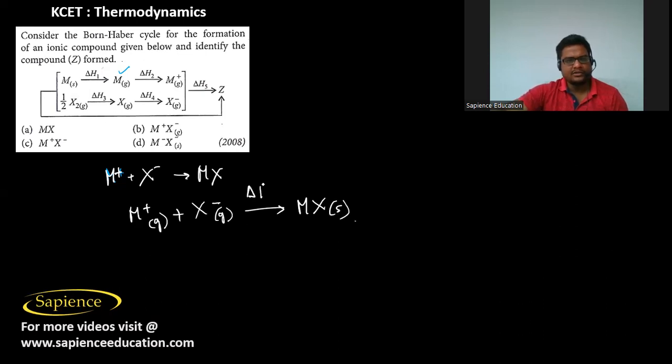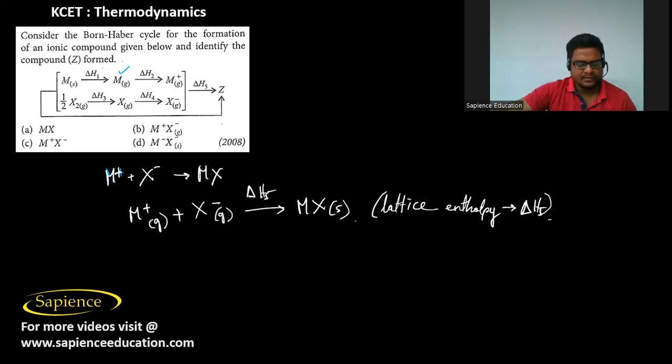So this change in enthalpy should be the lattice energy, lattice enthalpy, which is delta H5. And here there should be some hydration energy also. Hydration energy should also be there.